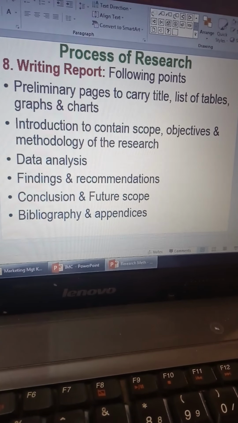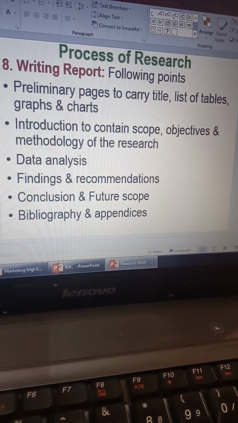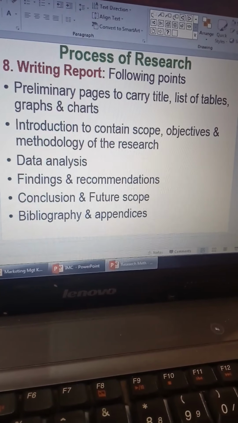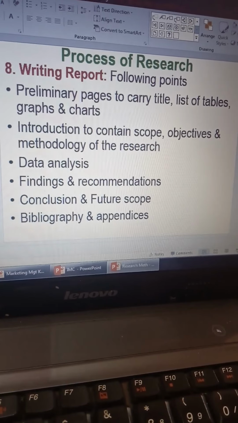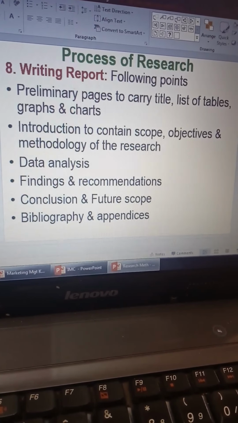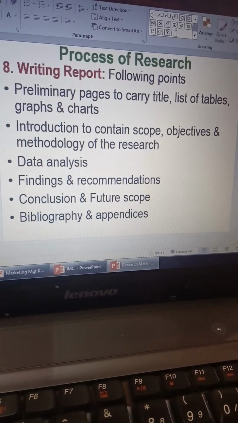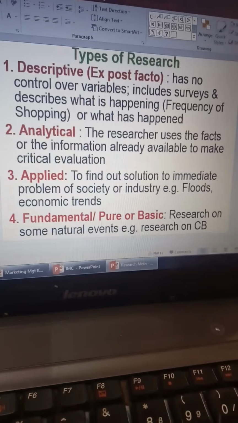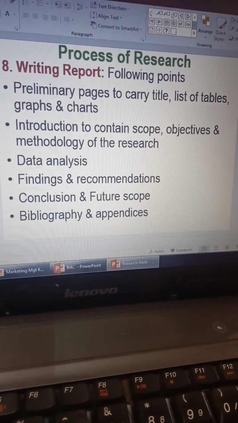What you have done, you will now write in a proper report and submit that report to the person for whom you have conducted the study, or to the university, or to the company which has given you this power to do that research. This is how the 8 steps of the research would be required for the entire process of research.